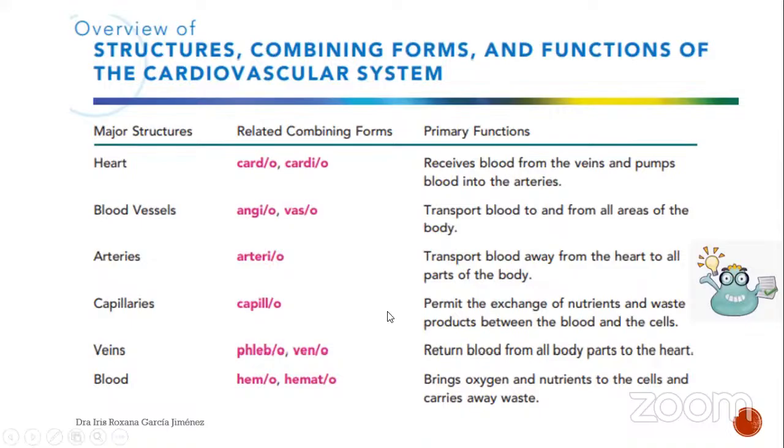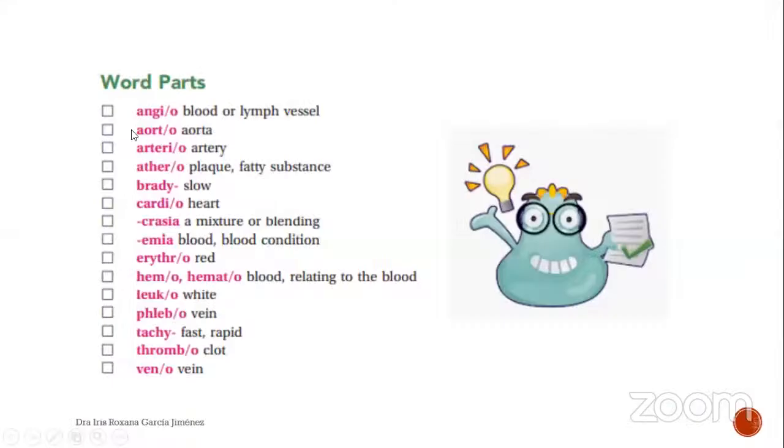So let's go ahead. The word parts: angi or angio, aorto, artery, arterio, athero, brady, cardio, crasia, hemia, erythro, similar to Spanish, hemo, hemato, leuco, phlebo, trachy, thrombo, ven or veno.